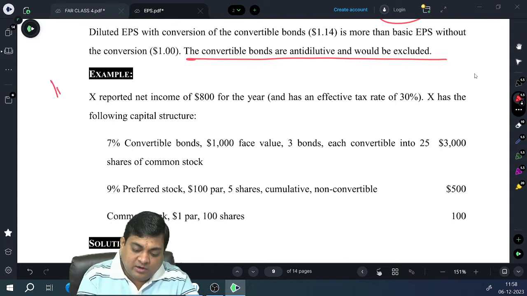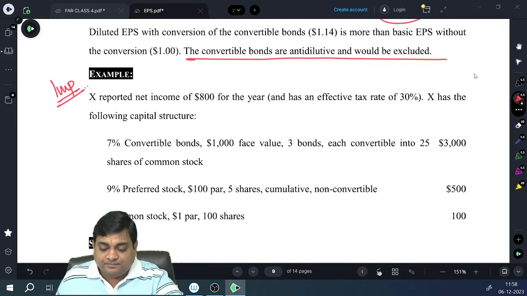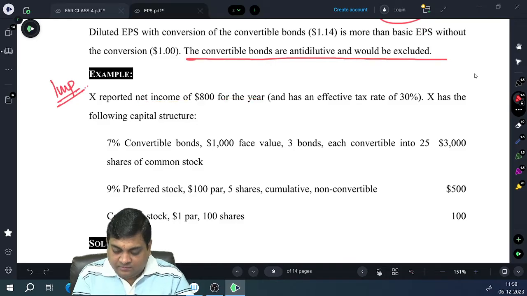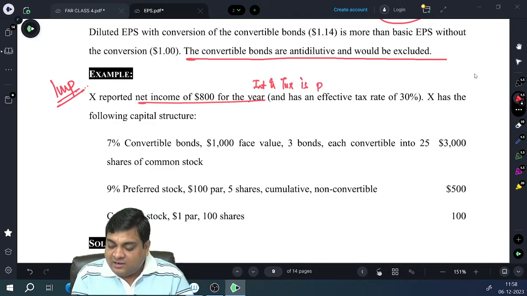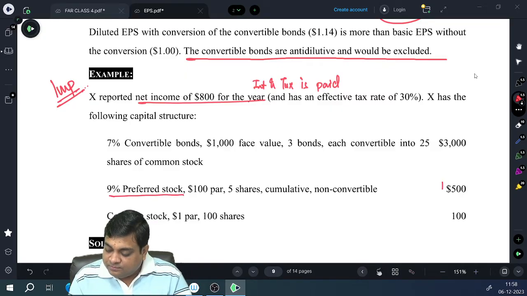This is very important. This is a bit tricky one. Net income is 800. Interest and taxes paid. Now you have preferred stock. Dollar value 500.